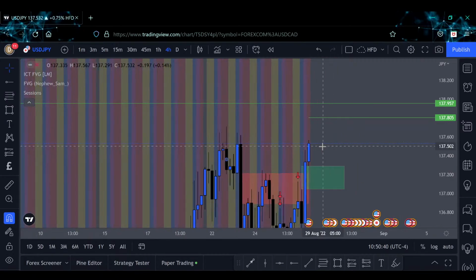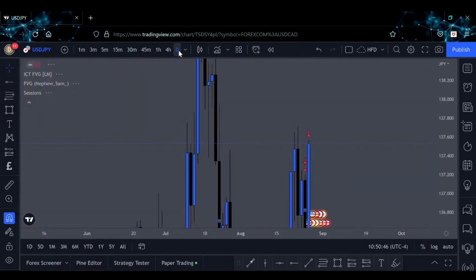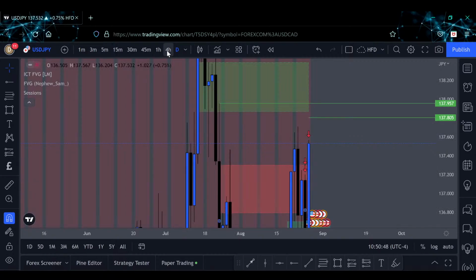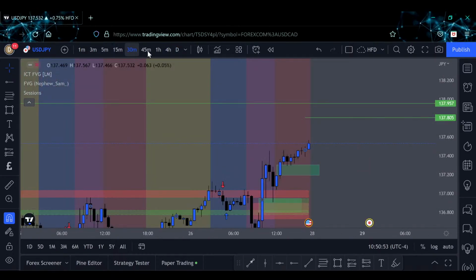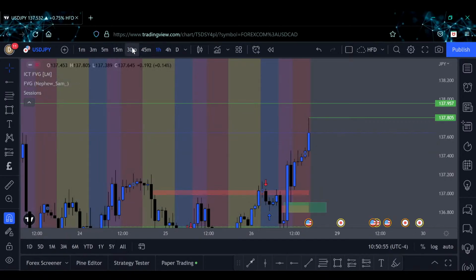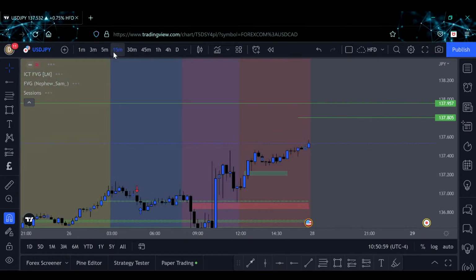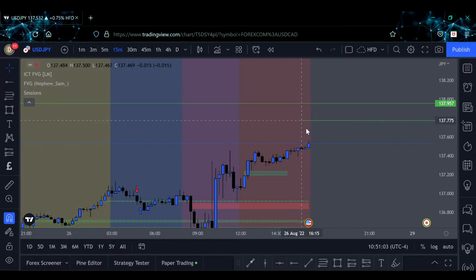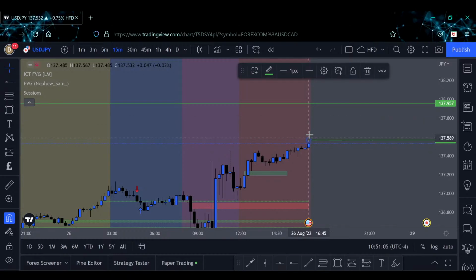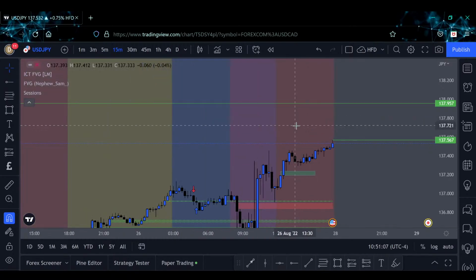On the 4H, there's not enough. Don't know if that's some sort of bug. Unless it was a gap up or something. I'm not sure. Okay, we'll put the high up.